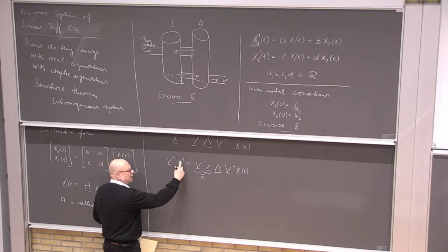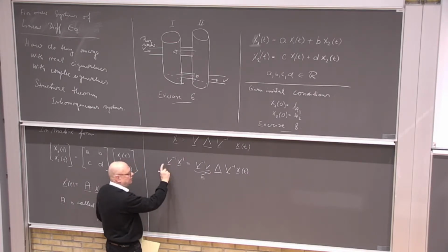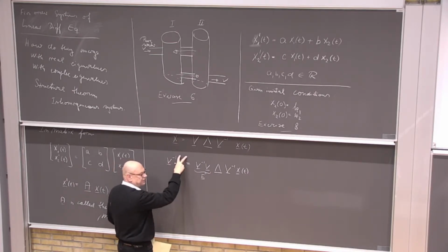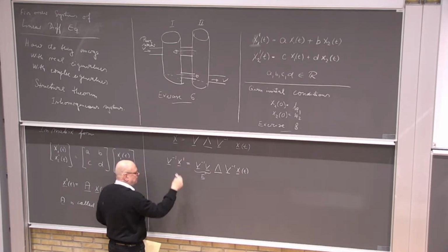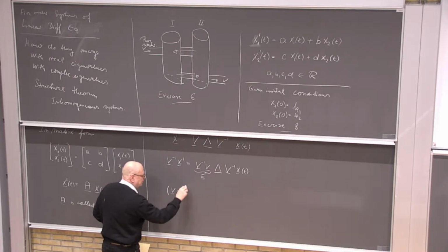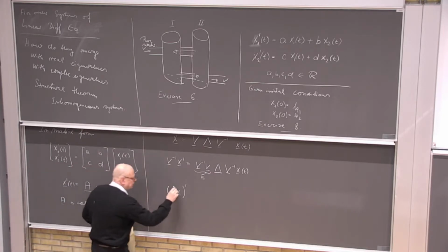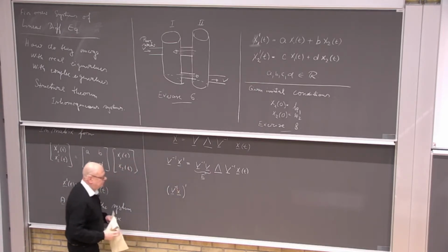Now, this matrix here is a constant matrix. So when I multiply it on this derivative, I could also have written this in this way here. Or, sure, sorry, minus first.